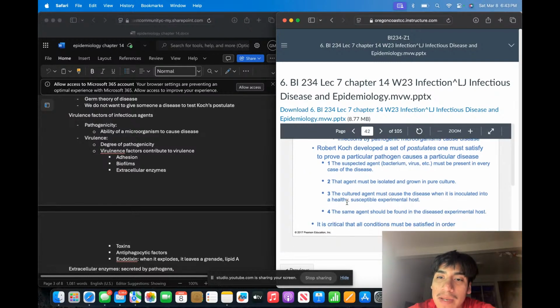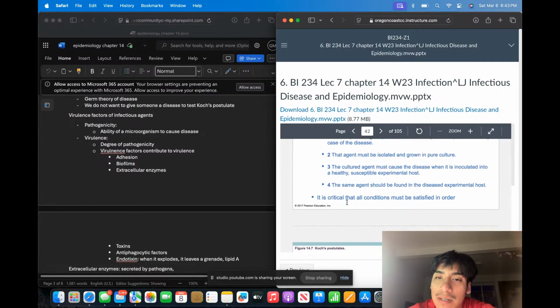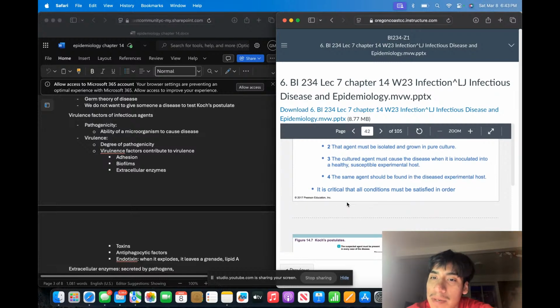Two, the agent must be isolated and grown in a pure culture. Three, the cultured agent must cause the disease when it's inoculated into a healthy, susceptible experimental host. Four, the same agent should be found in the diseased experimental host. It is critical that all conditions must be satisfied in order.